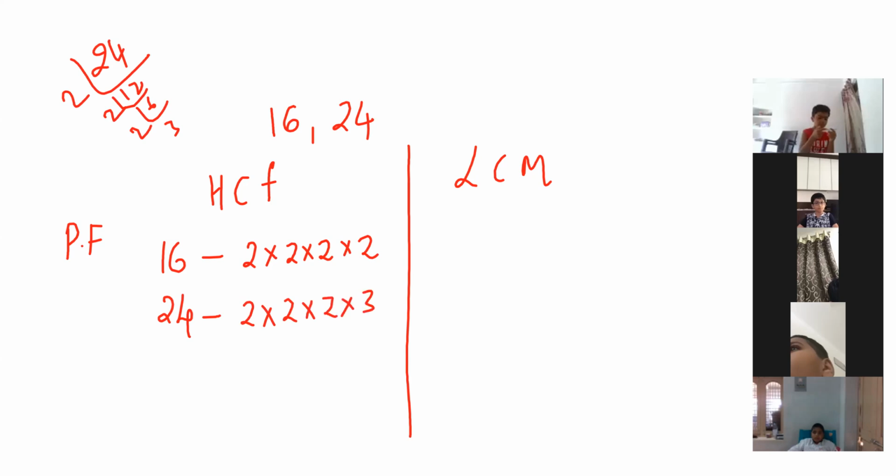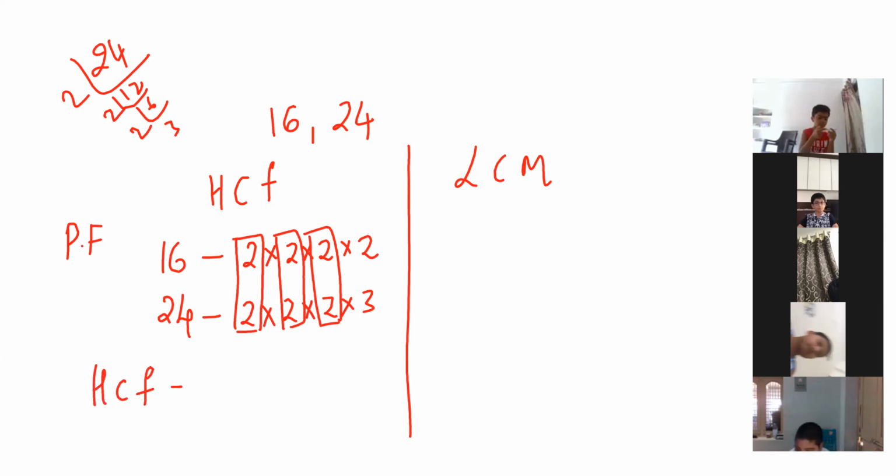Okay. After that, to find HCF, first we'll circle the common factors. So HCF, how will you take? Simply you will multiply the things which you can see common here.